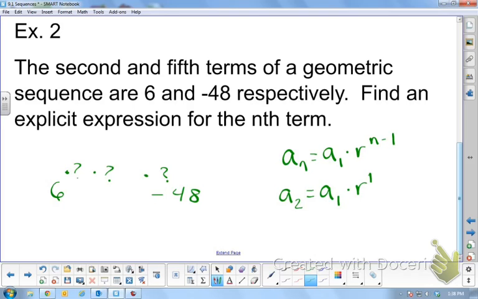What do I know about the second term that they told me? It's 6. So this whole thing equals 6. I also know the fifth term is a sub 1 times r to the 5 minus 1, which is r to the 4. And I know that's negative 48.